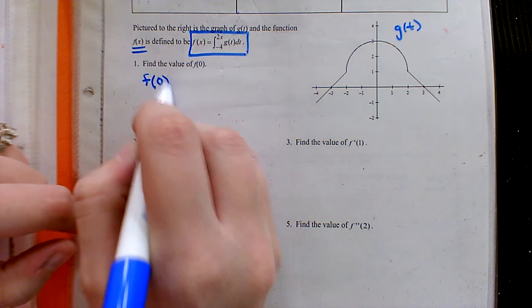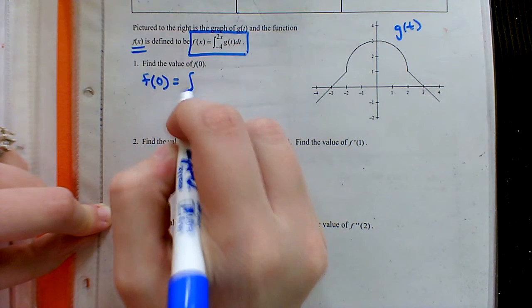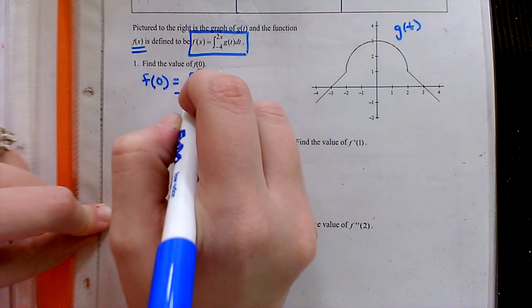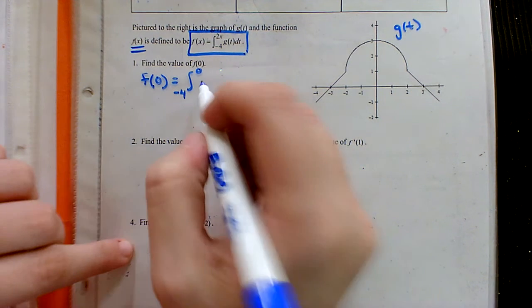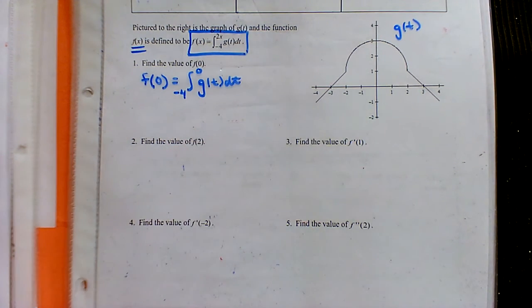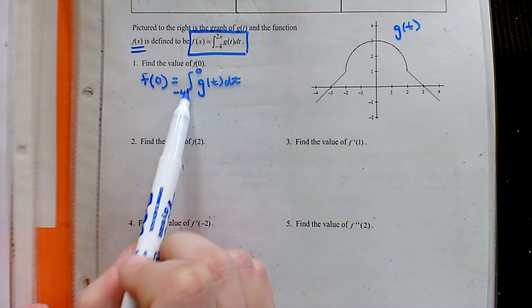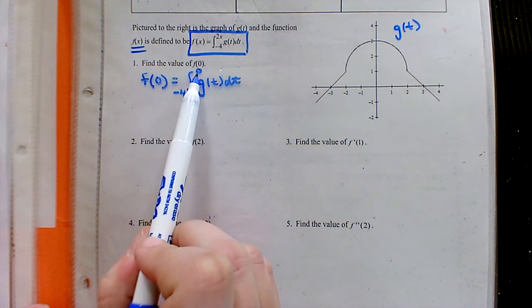If we were to plug in 0 for every x, the integral would change to bounds -4 to 0. Because wouldn't we plug in 0 for x in that top bound? So by plugging in 0 for x, you're actually choosing what top bound you wanted. 2 times 0 would give us 0. So f of 0 is the area under the g graph from -4 to 0.